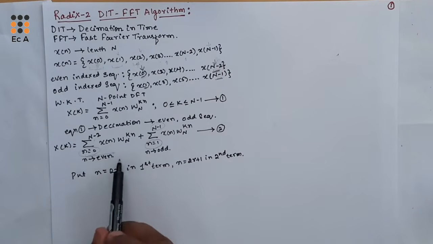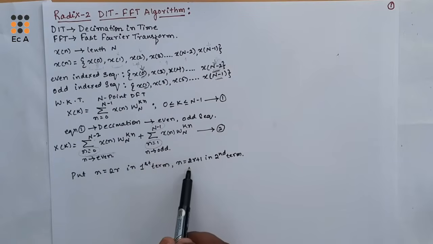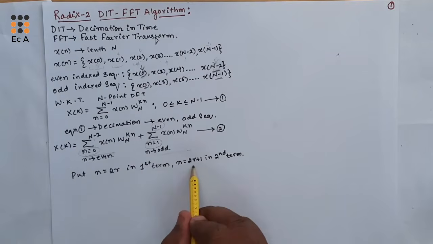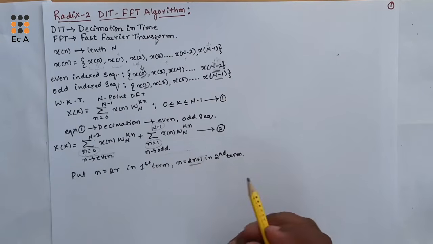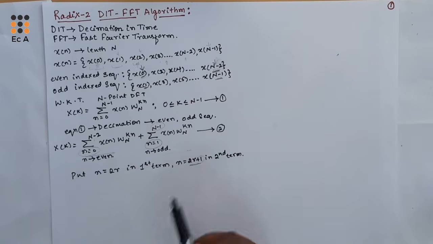So, in the first term we will replace n by 2r and in the second term we will replace n by 2r plus 1. Since the second term represents the odd sequence, that is why we have taken it as 2r plus 1. For any even value, if you add 1 it will be an odd value. So, that is why we have taken 2r plus 1.